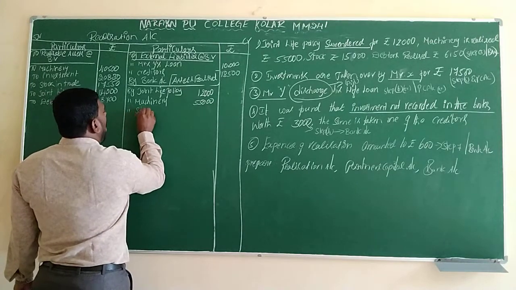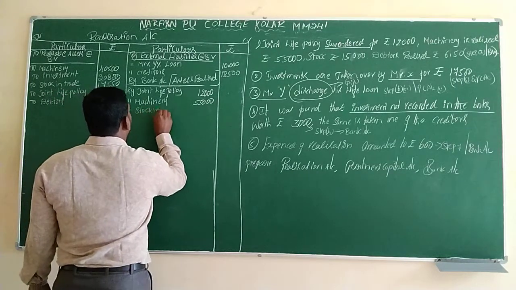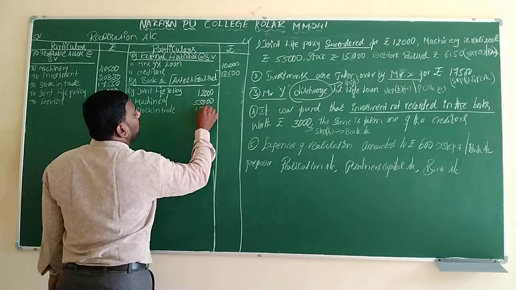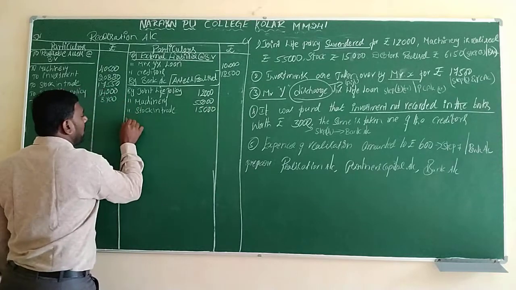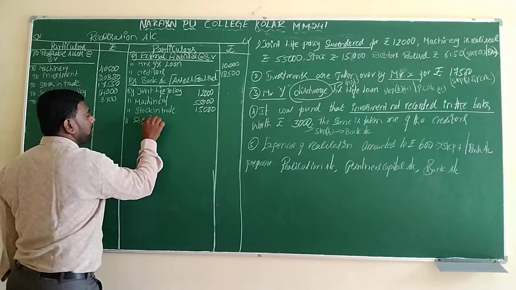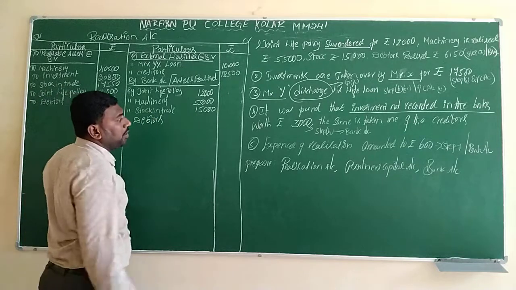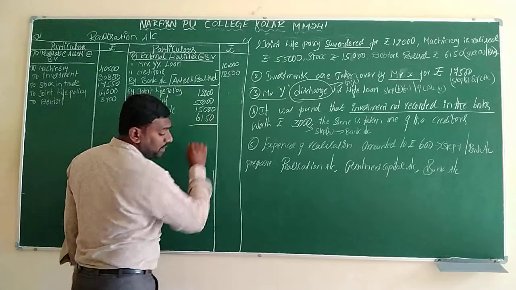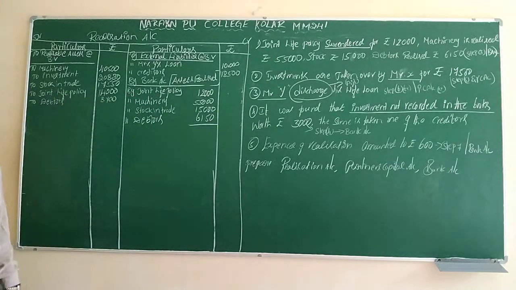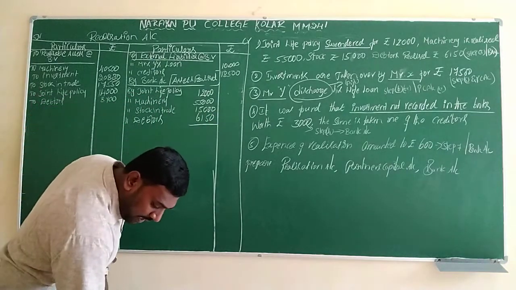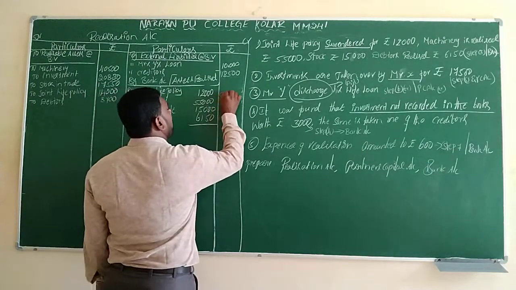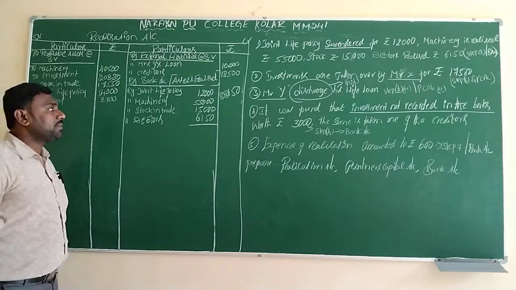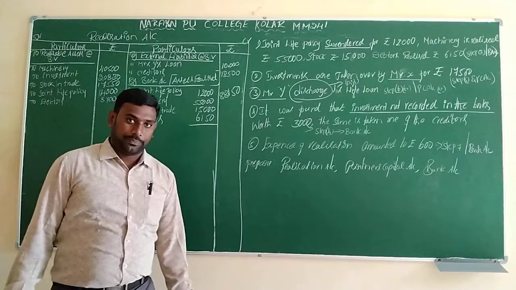By stock in trade, 15,000. By debtors, 6,150 rupees. So all the 4 assets we have to make, and the total of these 4 is 88,150 rupees. This will become step number 3.